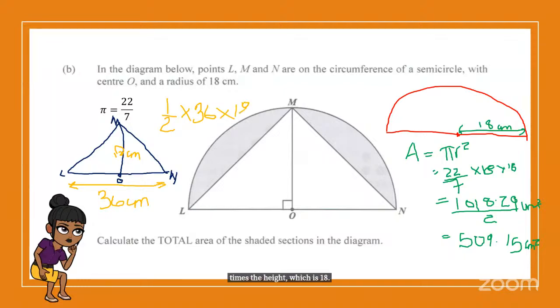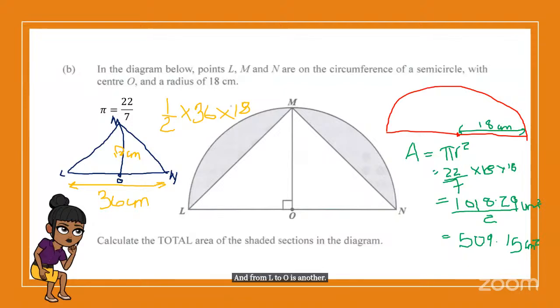Excuse me, miss. Yes, dear? I'm a bit confused now. So, a quick recap. The base of the triangle, from L to N, is 36, from adding the 18 to the other 18. From O to N is one radius, and from L to O is another.